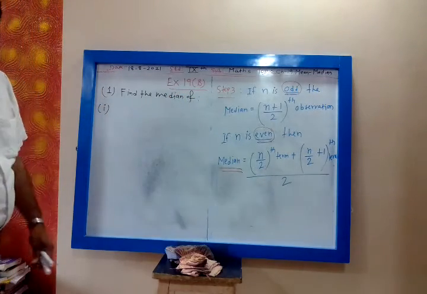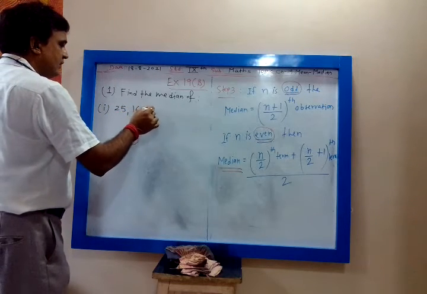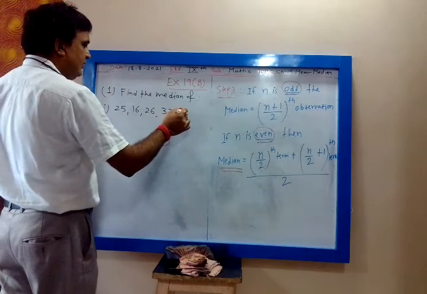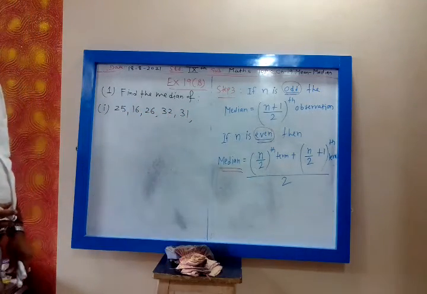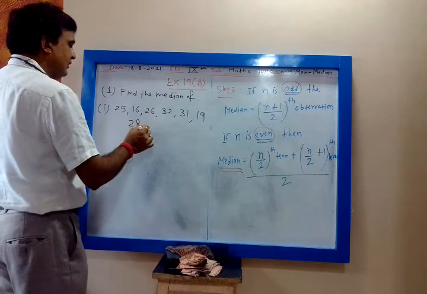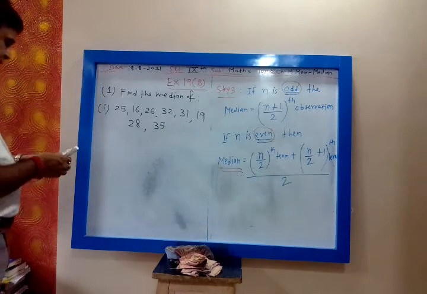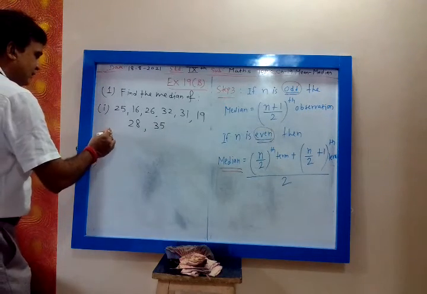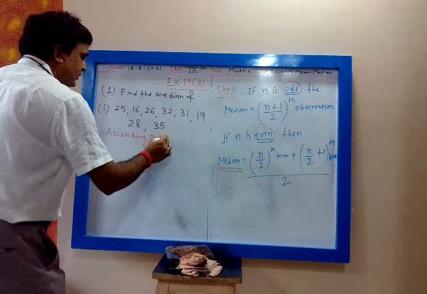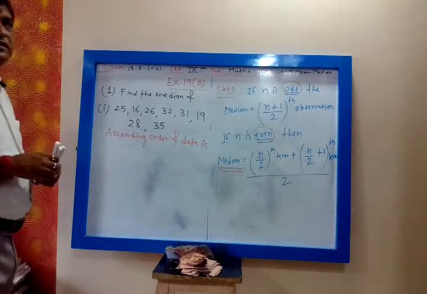The data given to you are 25, 16, 26, 32, 31, 19, 28 and 35. Arrange the data in ascending order first.